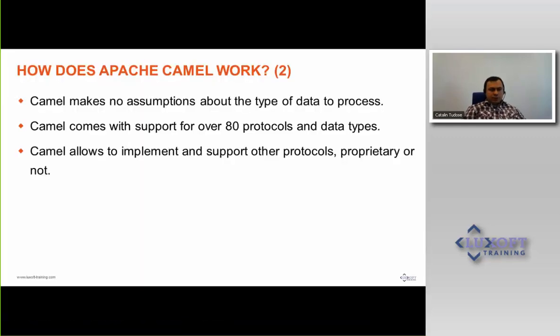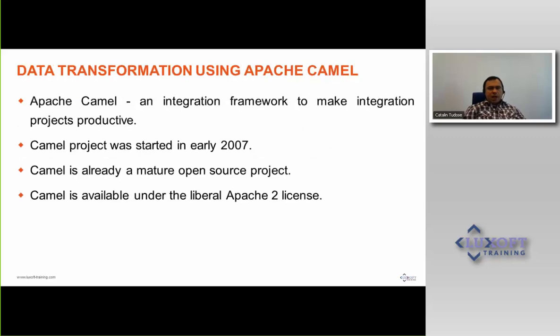Going back to the presentation, we are going to say a few things about the Apache Camel framework itself and about how it came into being. It has been built in order to make integration more productive.